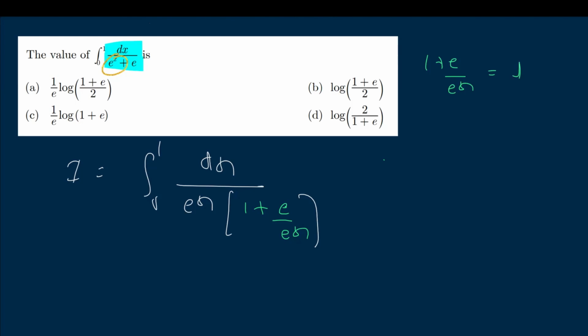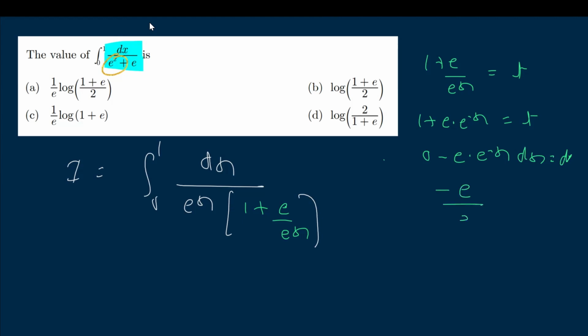Now next we are going to take this as t. That is 1 plus e over e raised to the power x. Let me simplify this: I can write this as e dot e raised to the power minus x as t. On differentiation, by chain rule we get minus e dot e raised to the power minus x dx is equal to dt.